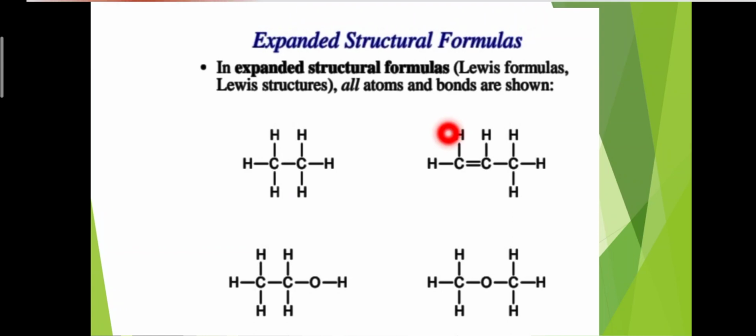Number 2, propene, with a carbon-carbon double bond and carbon-hydrogen single bonds. Each carbon atom forms 4 bonds. This carbon forms 2 bonds with another carbon atom and 2 bonds with hydrogen atoms.